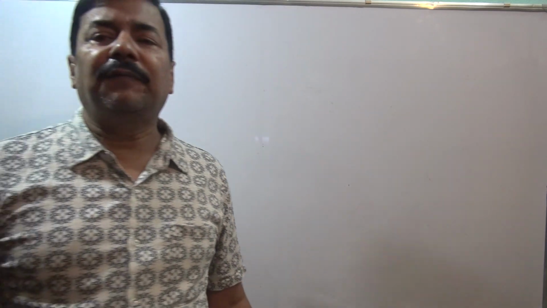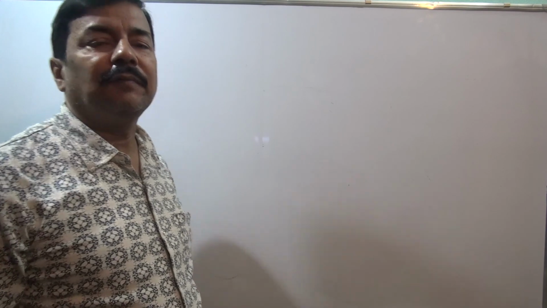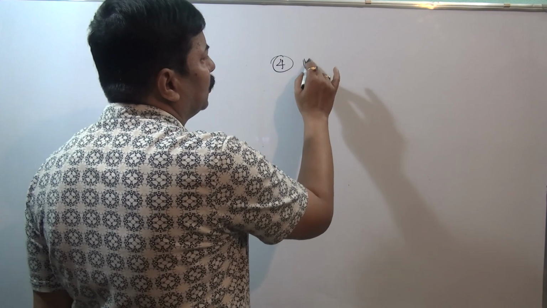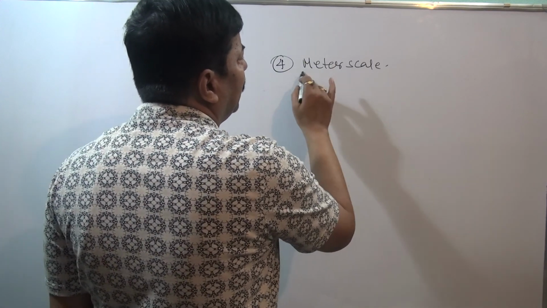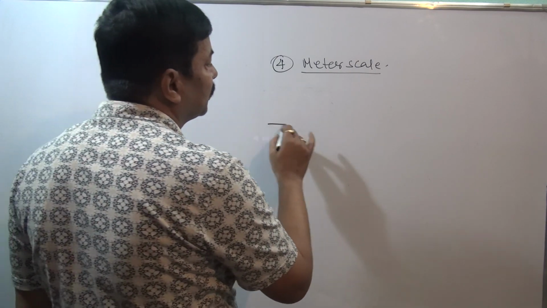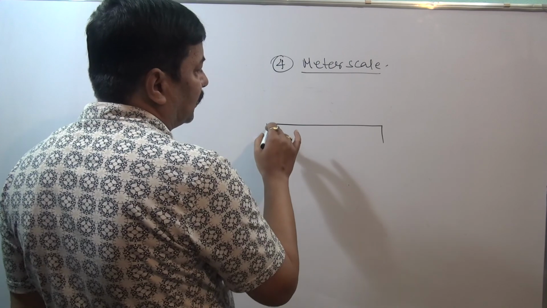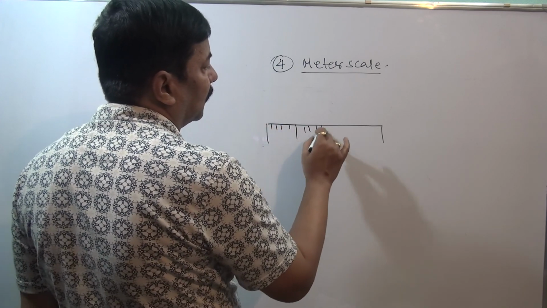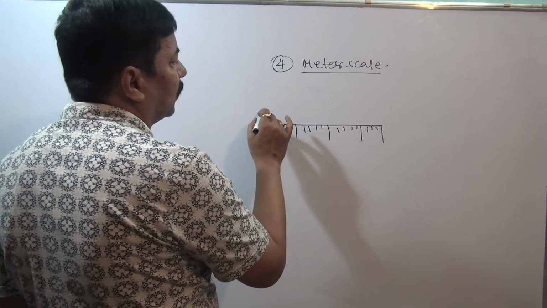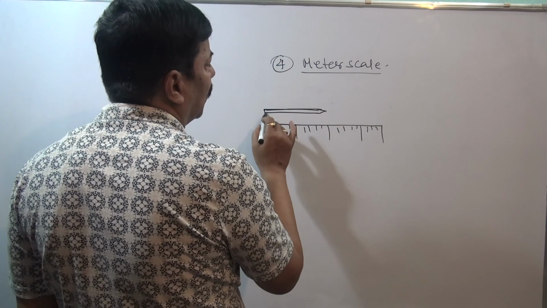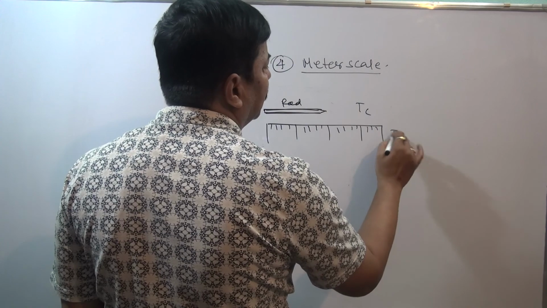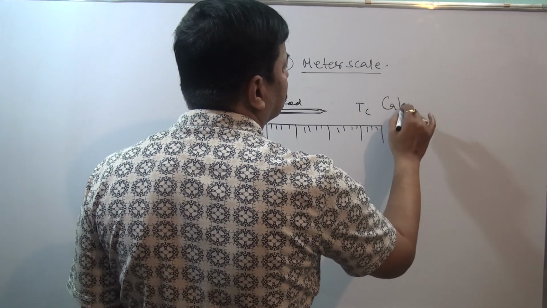Now the final application of linear expansion we have to understand is in the meter scale. Fourth, that is final, is your meter scale. In the meter scale, if we are taking a metallic meter scale, suppose this is the rod, this is the scale, and both are at TC. TC means calibration temperature.